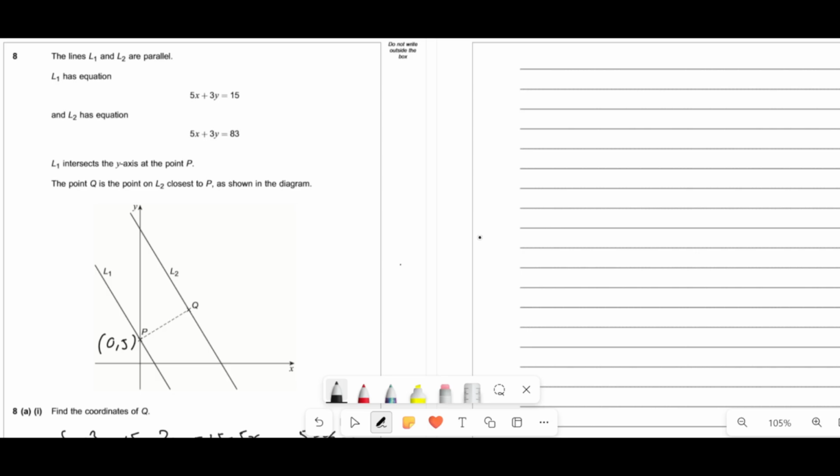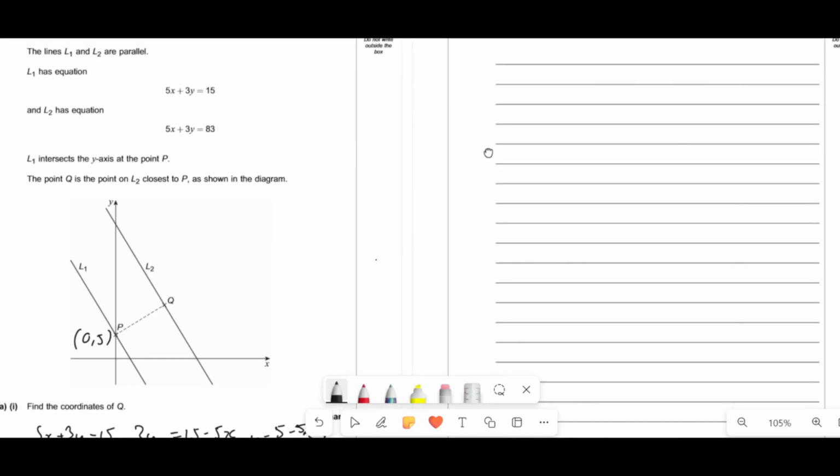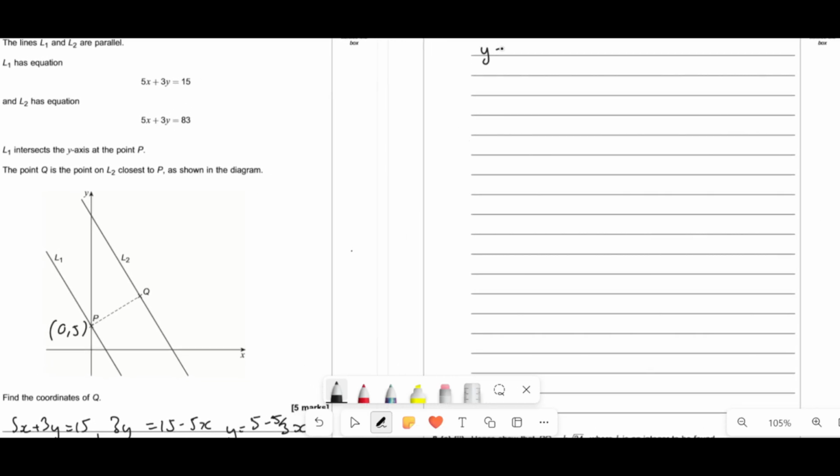We've got that part. So what I can do now is, we know the equation of line 1, so I can find the equation of this normal, this perpendicular line connecting the two. And they've told us the line 2 equation. So the perpendicular line is going to intersect with that, and they'll have the same y coordinate and x coordinate at that point. So before I've already written L1 as y equals 5 minus 5 over 3 x.